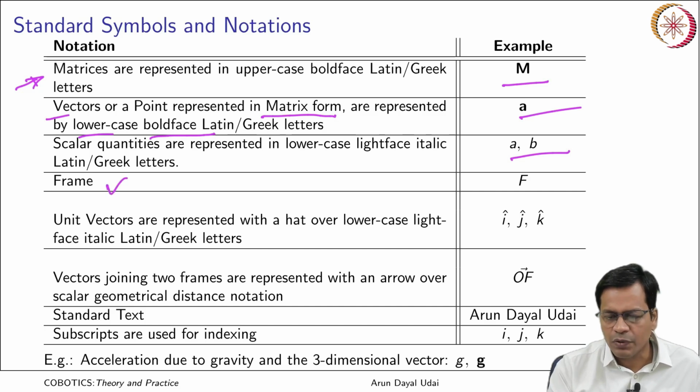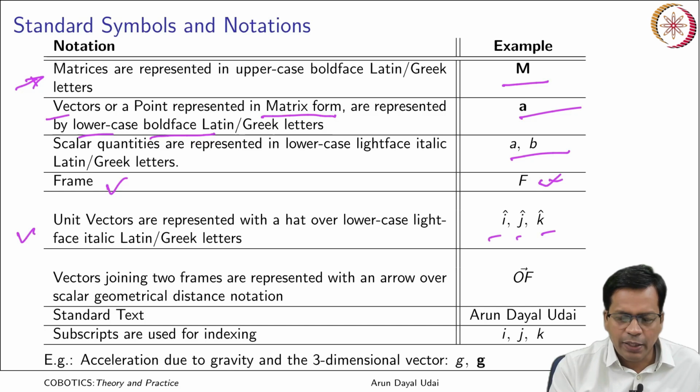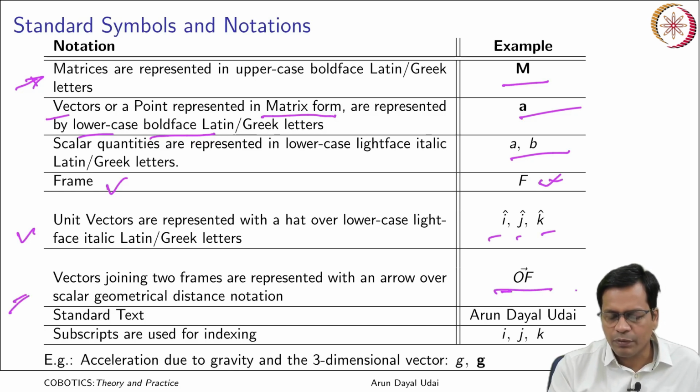Any frame or any position in space will be denoted using a capital italic letter. Unit vectors will be represented using a cap on top and small italic letters. A vector joining two frames, like O and F over here, is given as a vector with an arrow mark on top. Standard text will be like this, and any subscripts used for indexing will be like this.